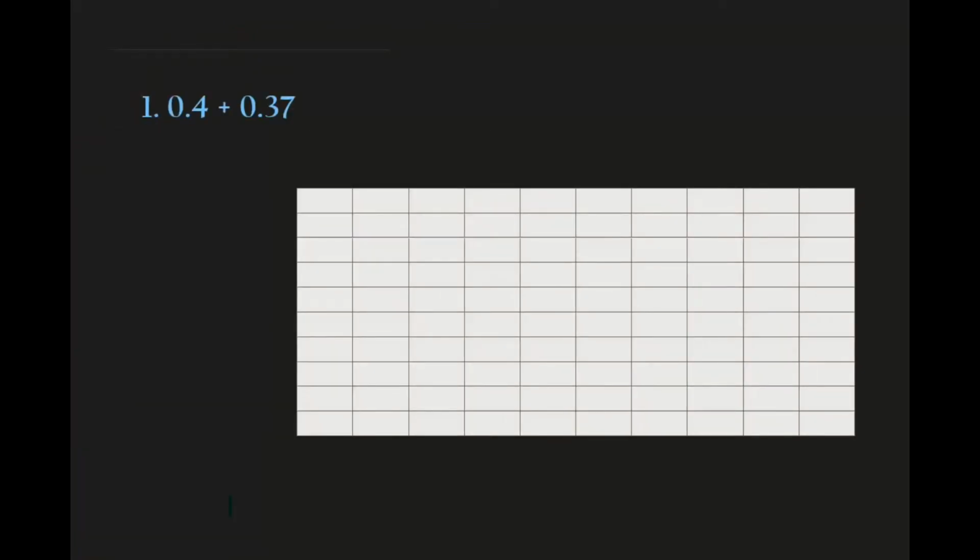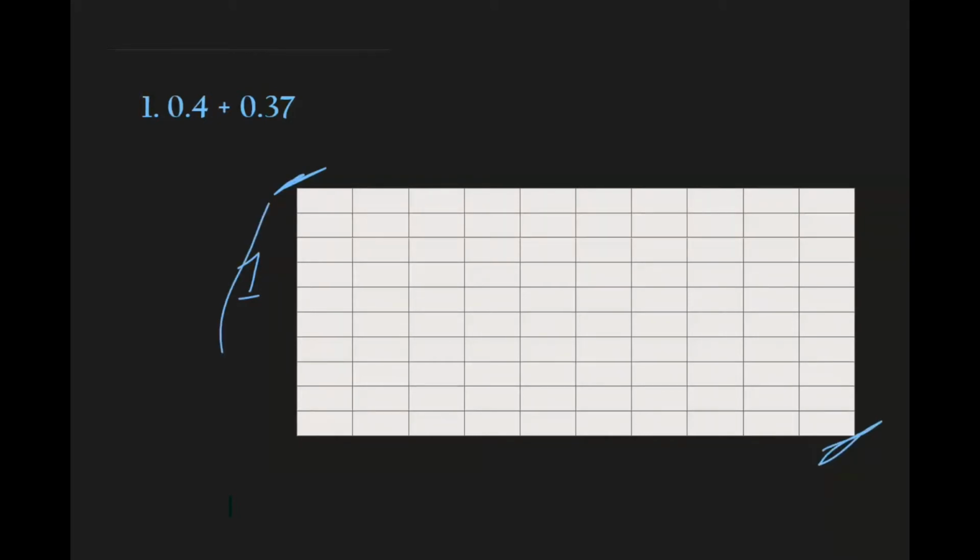So we have 0.4 plus 0.37. Now how will we use the grid? It's pretty simple. Look at this. We got 0.4 plus 0.37. The grid is one whole, from here all the way to here.